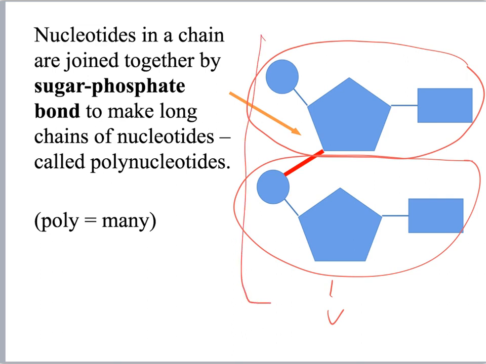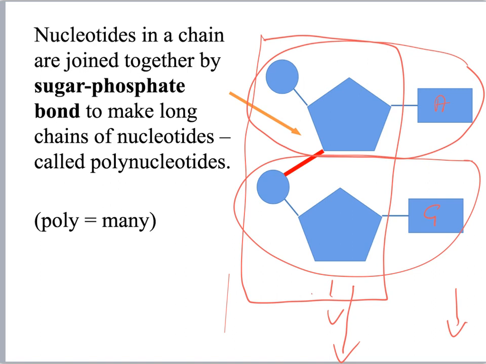This part here is what forms the sugar phosphate backbone, and these are the bases, whatever those bases happen to be. So when we take all these nucleotides all joined together, that'll form one strand, and then you'll form another strand on the opposite side, and you'll make your DNA.